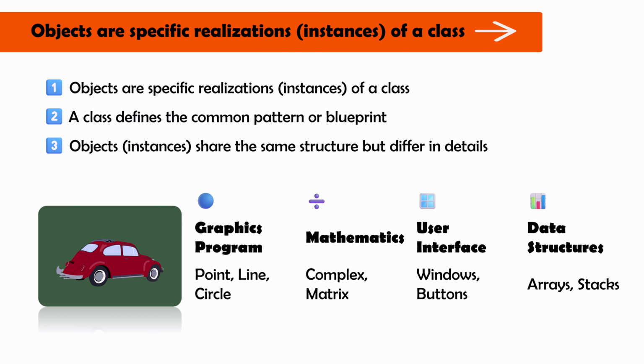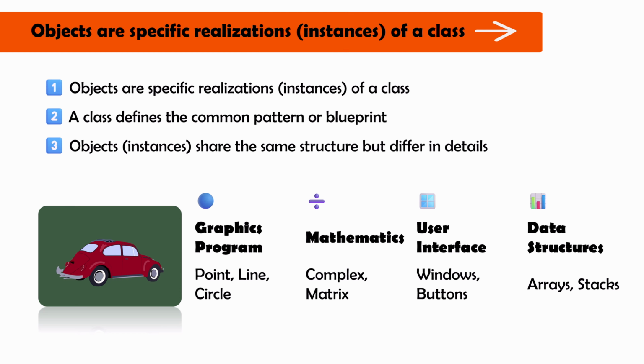When we create an actual object from the class, that object is called an instance, and each instance follows the same pattern defined by its class, and it can hold different values for its attributes. For example, if a class is car, then two objects, say a red Toyota and a blue BMW, both have the same structure, that is maybe the model, color, speed, fuel level, but their details differ.